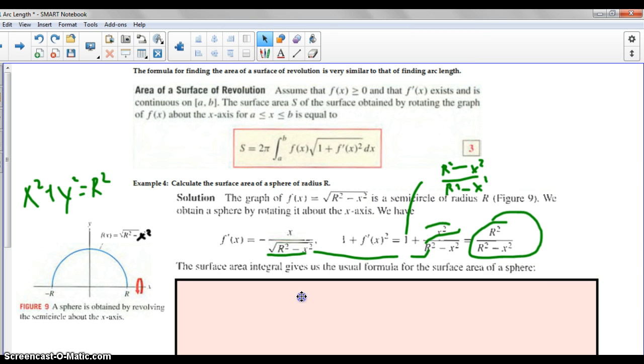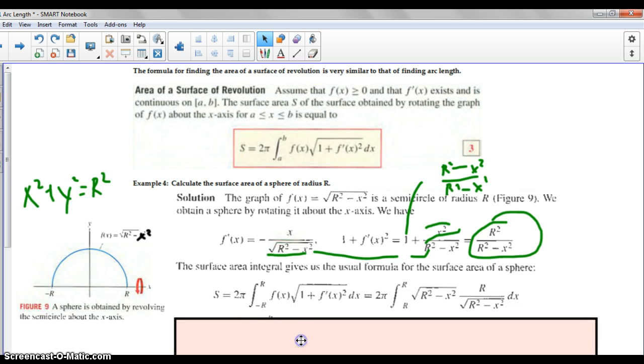Applying the formula, I have 2 pi from negative r to r, f of x, square root of 1 plus f prime of x squared. Plug all the information in. Notice here we have our f of x, and notice here we have the square root of 1 plus f prime of x squared.